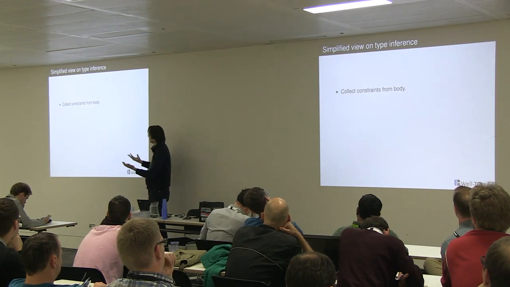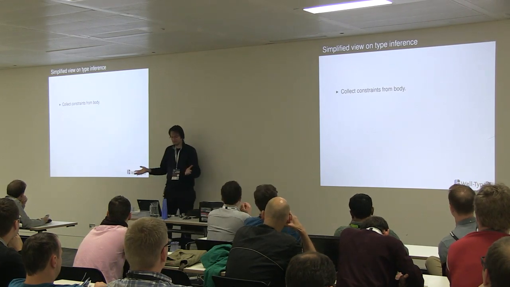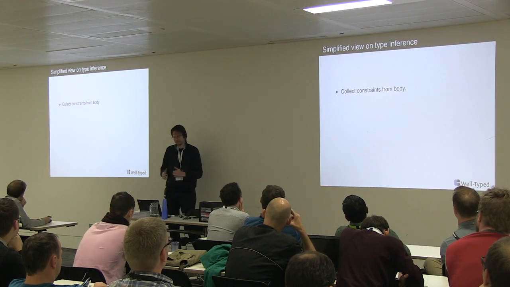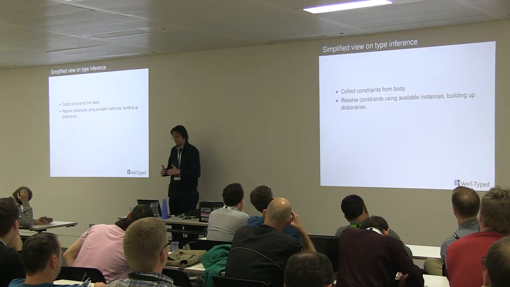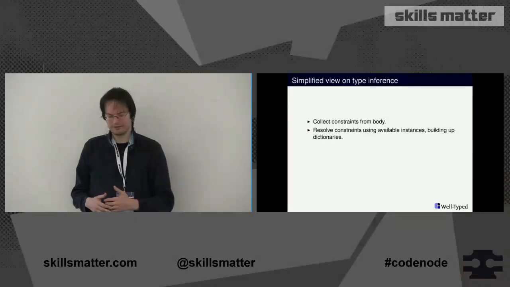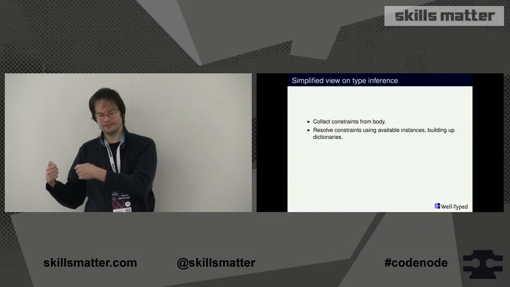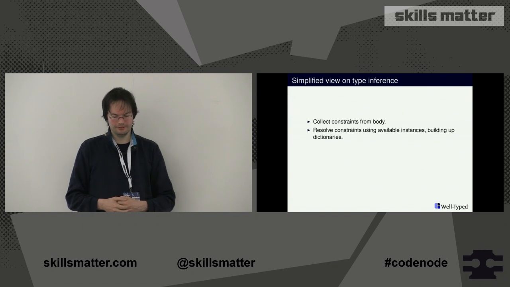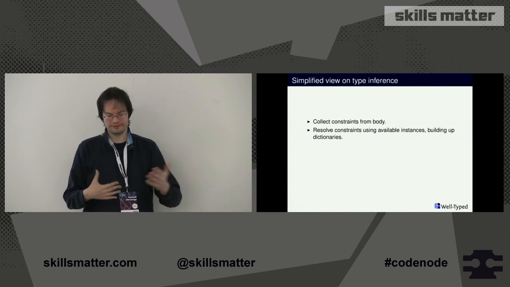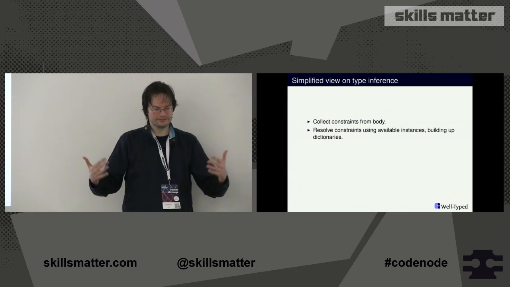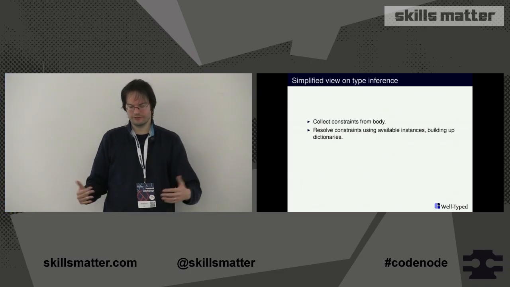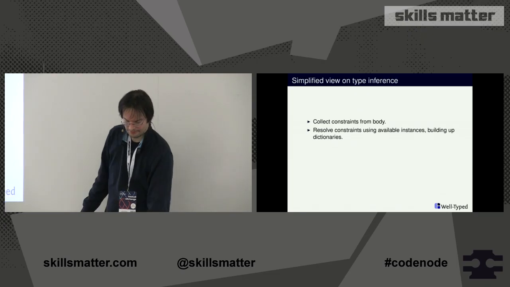So roughly, you collect all the constraints from the body of a function definition or declaration, and then you're running an instance resolution algorithm that tries to satisfy these constraints as far as possible using the available instances, and thereby you construct these dictionaries, these actual terms of dictionaries that you can insert into the body.